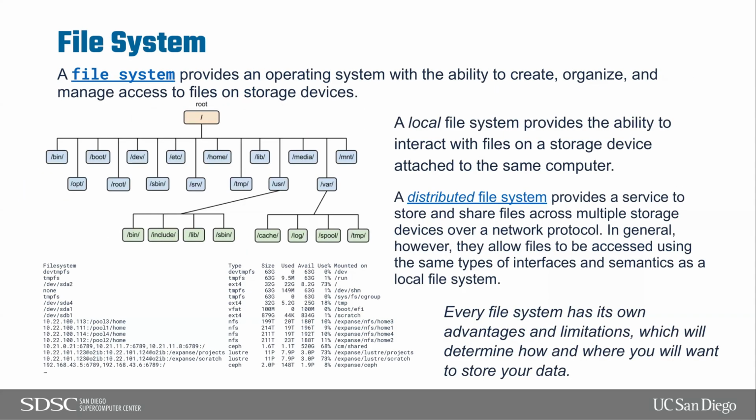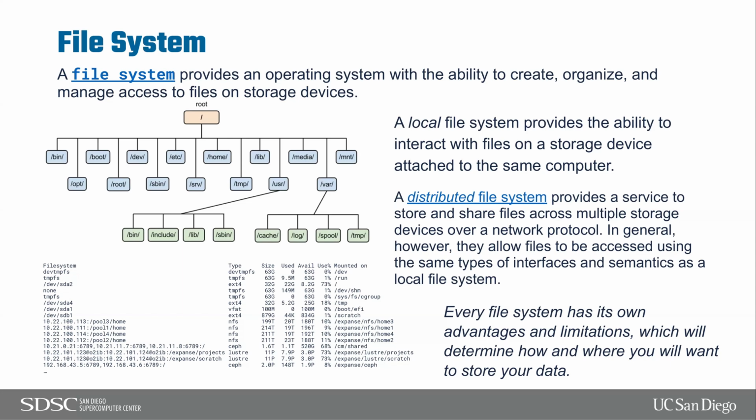So a file system is how we organize, with the operating system, access to the data that we are talking about transferring. But the key concept I want to point out here about file systems is that there are many different types, but there are 2 major classes that you will encounter on any given system.